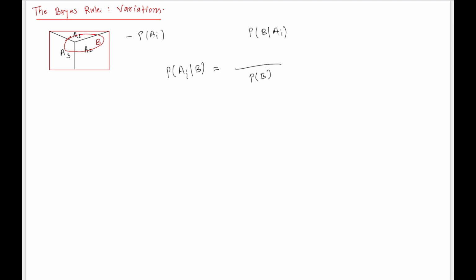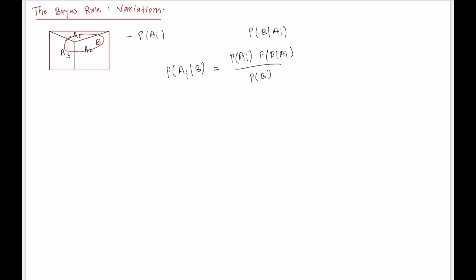And here you will have, so you have this information, the probability of this event B under each scenario, and you also have the initial belief about your events.